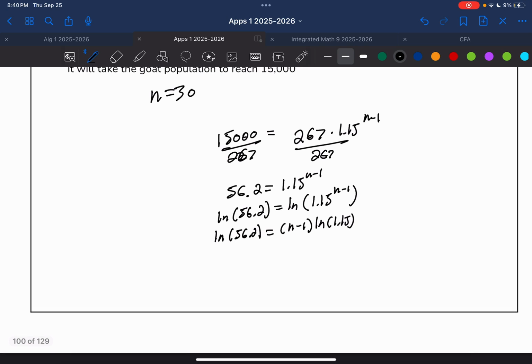Divide both sides by ln 1.15, and you get n minus 1 is equal to ln 56.2 over ln 1.15, meaning that n itself is equal to ln 56.2 over ln 1.15 plus 1.